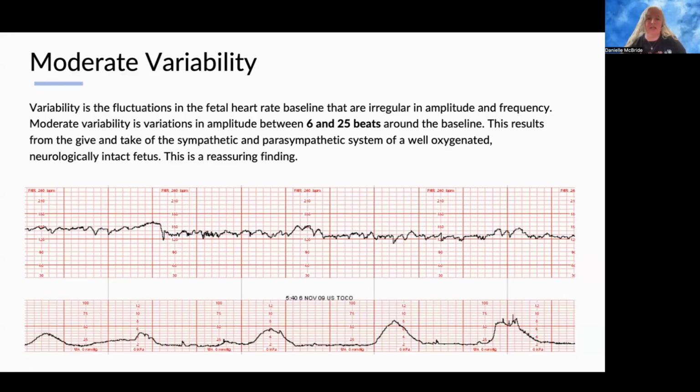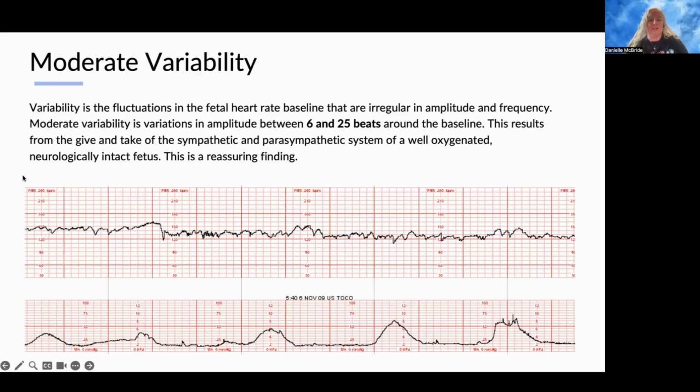Variability is the fluctuations in the fetal heart rate around the baseline, caused by the give and take of the sympathetic and the parasympathetic nervous system in a well-oxygenated, neurologically intact fetus. If we have these variations between 6 and 25 beats around the baseline, this is considered a reassuring finding. So let's look at an example.